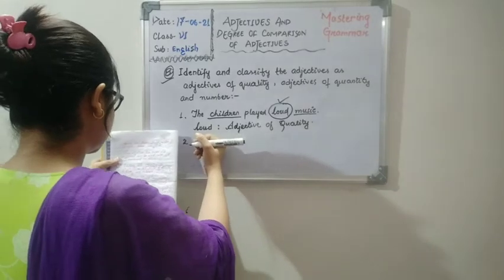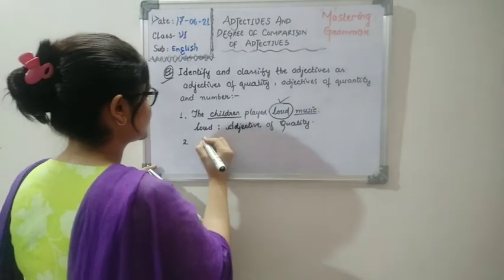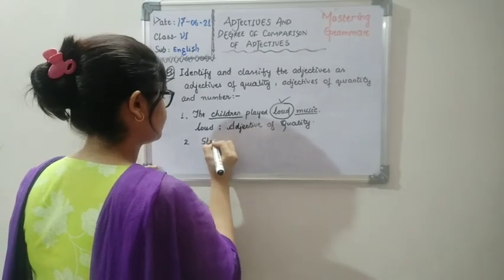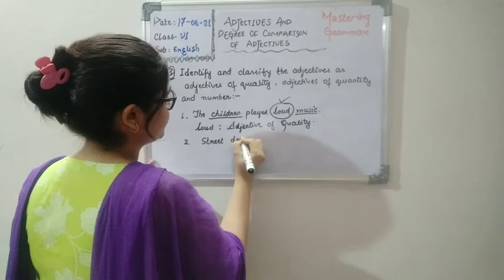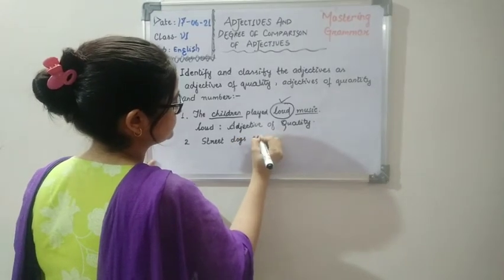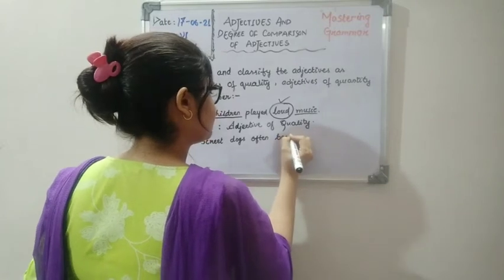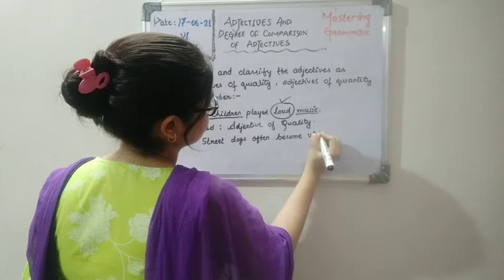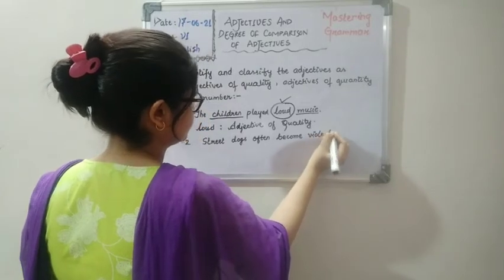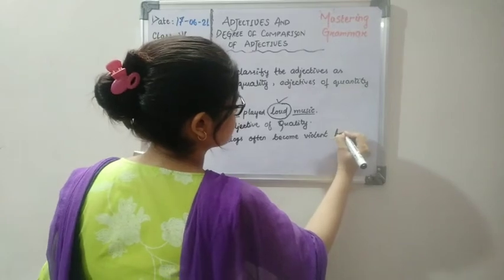Number 2 is street dogs often become violent towards human beings.